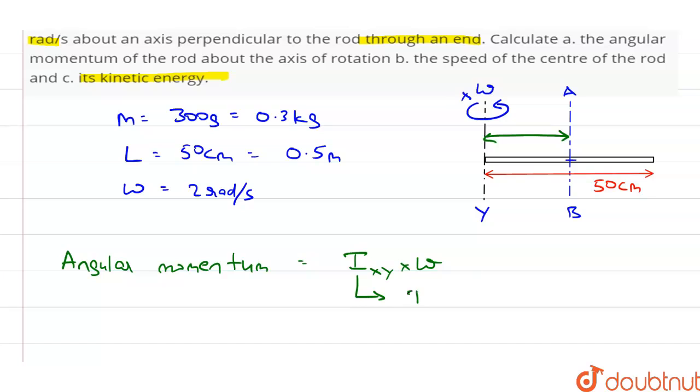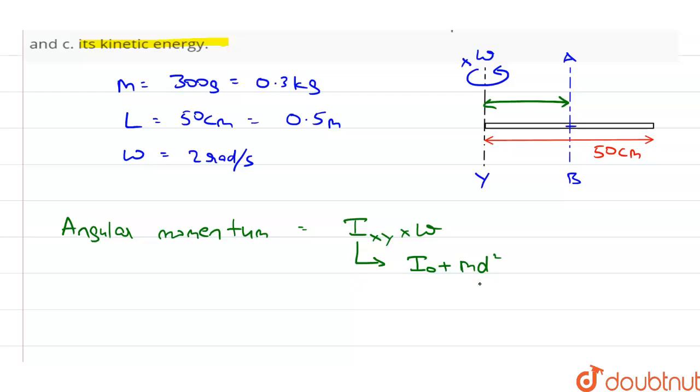Therefore it can be written as I naught plus m d square, where d is the distance between AB and xy. The distance is L by 2.